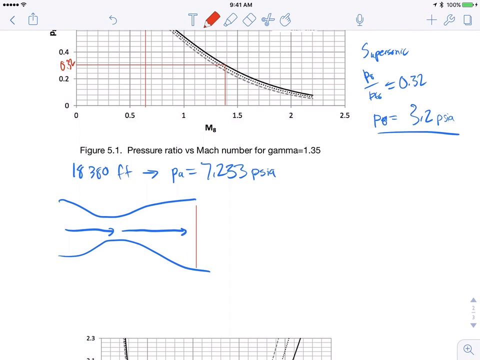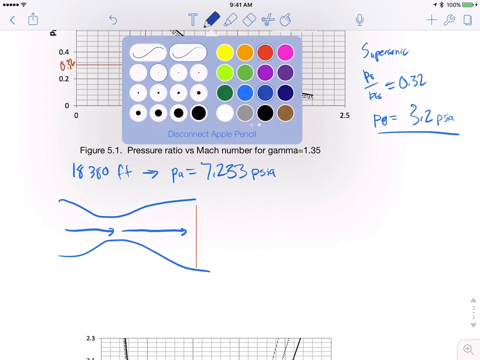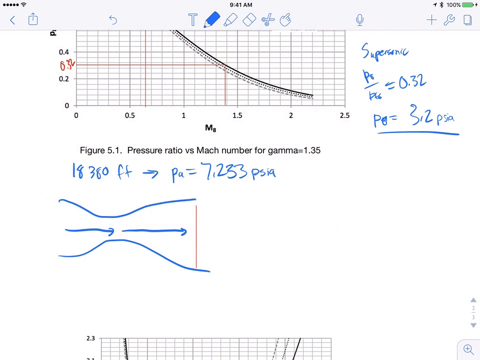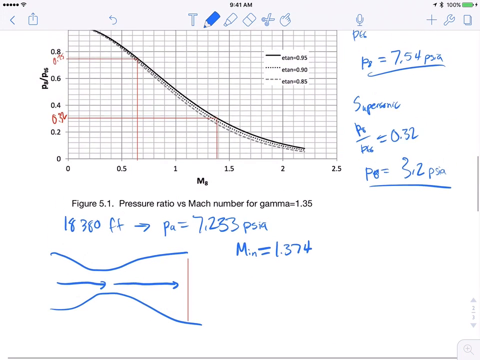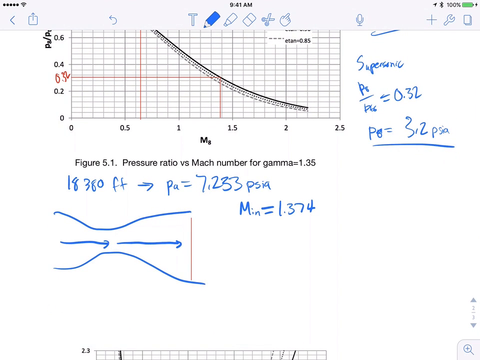And so what we need to do here is look at our normal shock tables, and we know that the inlet Mach number to this normal shock is going to be 1.374. That's our Mach number for the supersonic case, because it's following this nice supersonic curve all the way to the very end. So we got a Mach number 1.374 going into our normal shock.